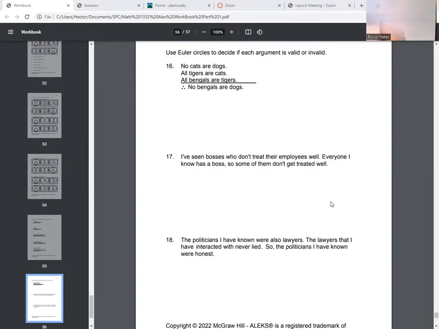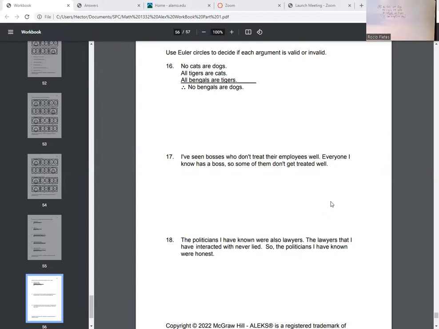So 16: no cats are dogs, all tigers are cats, all Bengals are tigers. And then the conclusion is therefore, no Bengals are dogs.